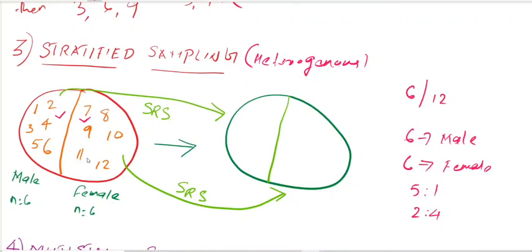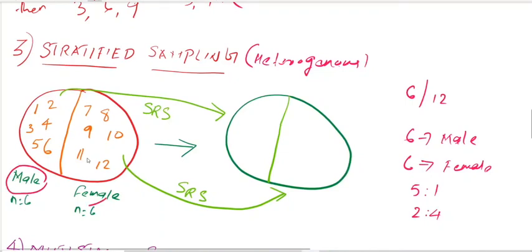First we need to divide the entire population into different strata. So we divide into a male stratum and a female stratum, and we do simple random sampling in each stratum. We select a simple random sample from the males. So we are going to select 3 people from the males: 1, 5, 6 are selected, for example.